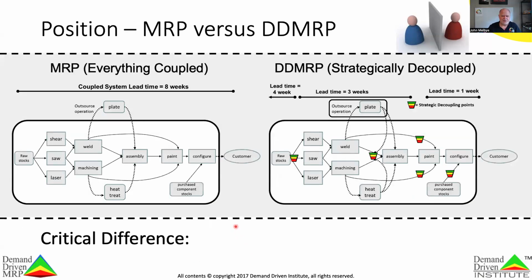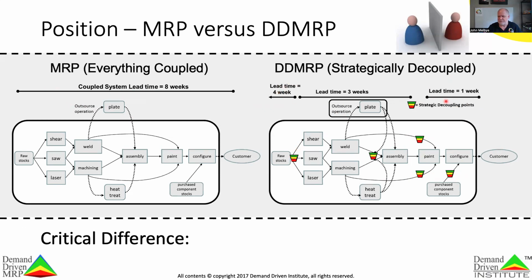And the way this position works, and the difference if we compare traditional MRP where everything is coupled and we have an 8-week lead time, to the DDMRP function where we've placed buffers in such a way that says we can have a lead time to the customer of 1 week because we know we have this inventory, and then we have a lead time of 3 weeks between purchase parts and our own operation, and then we have a 4-week purchase part, and each buffer is separately managed, and that allows the management to happen within those shorter windows of time.